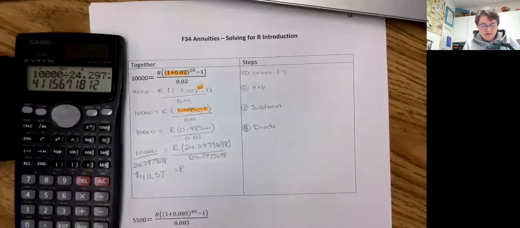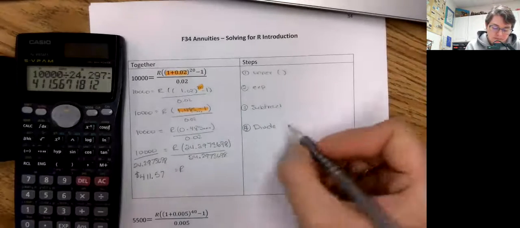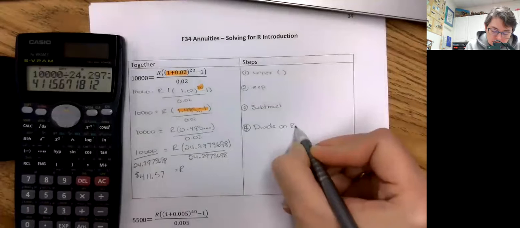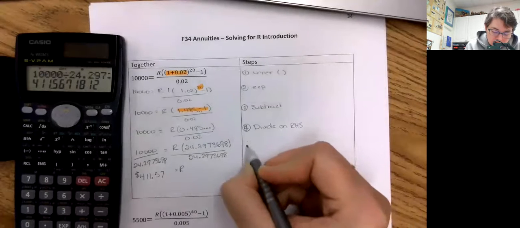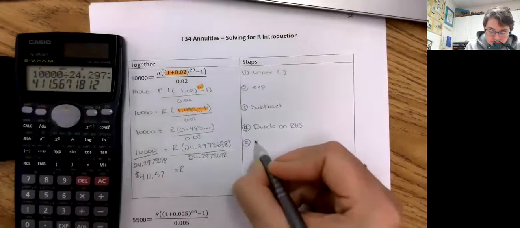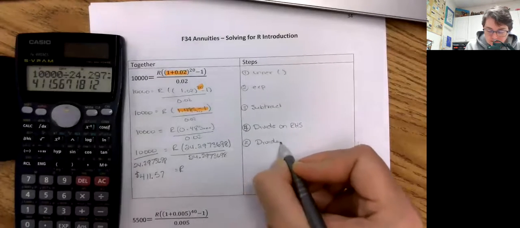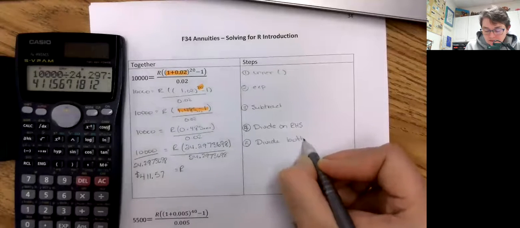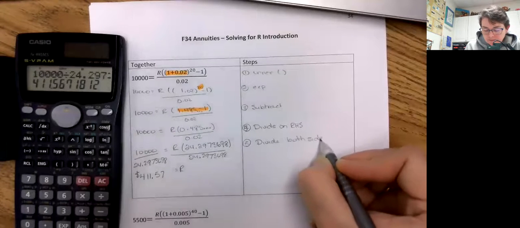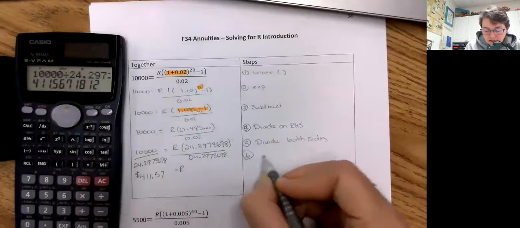Divide on the right-hand side, and then step 5: divide both sides. And I'm going to put in here a check.